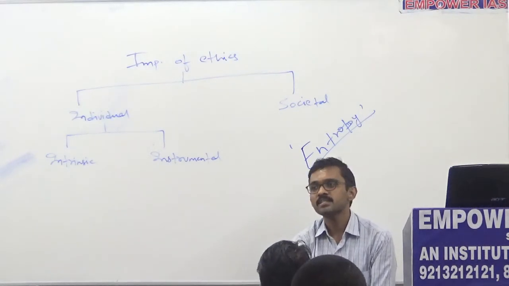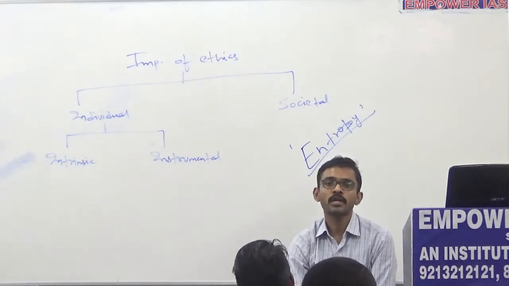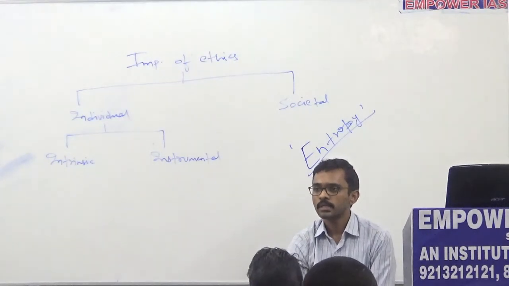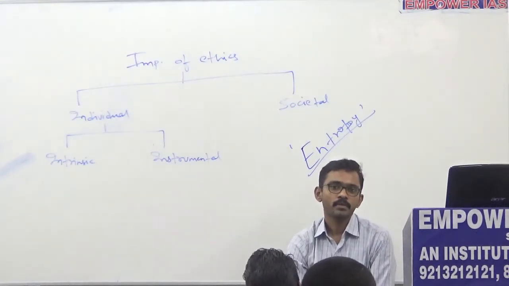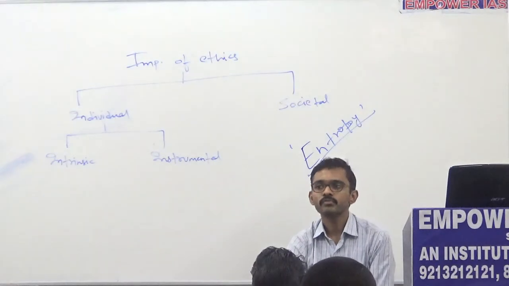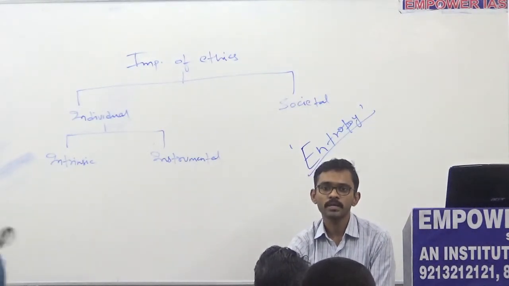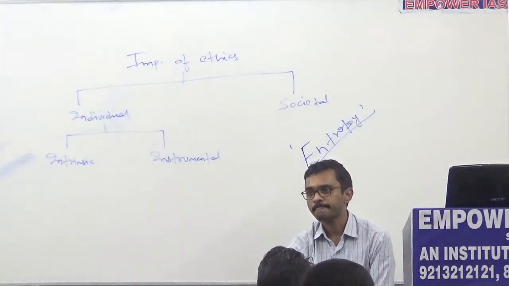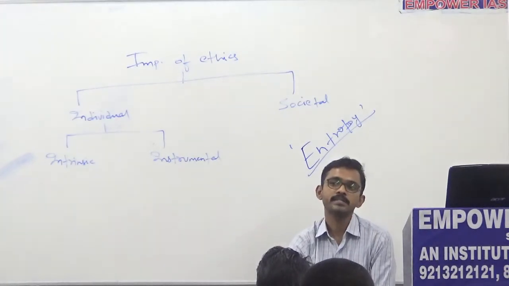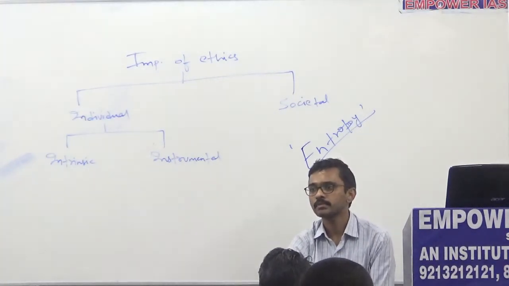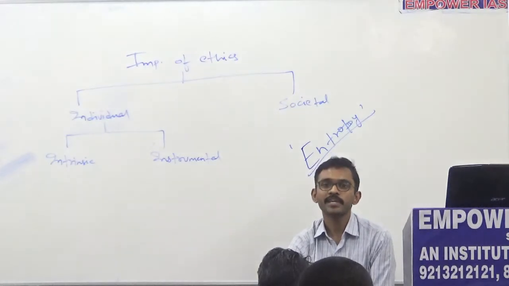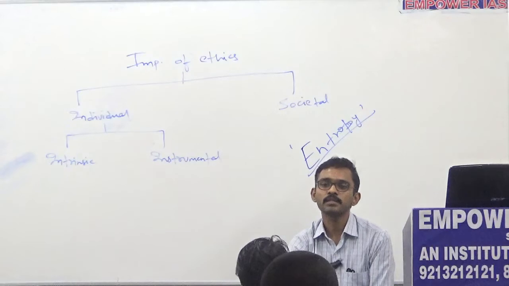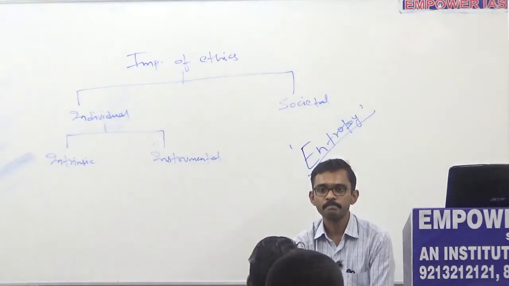If you read world history, one of the reasons for the fall of the ancient Roman Empire was corruption amongst the leaders. Because of lack of ethics on the part of the leaders of the Roman Empire, ultimately the Roman Empire fell.